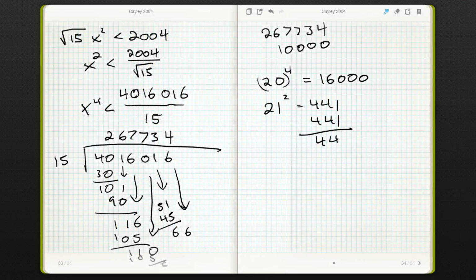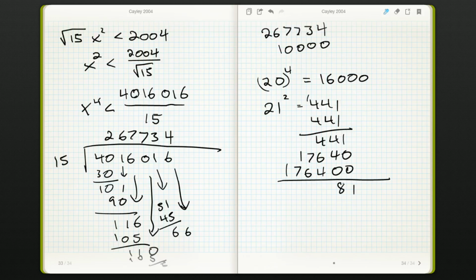So that's 441, 0, 4, 6, carry the 1, and then 7, 1, and then another copy of that. Eight, 14, 14, 1, 9.